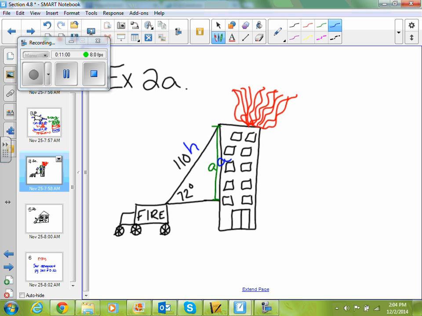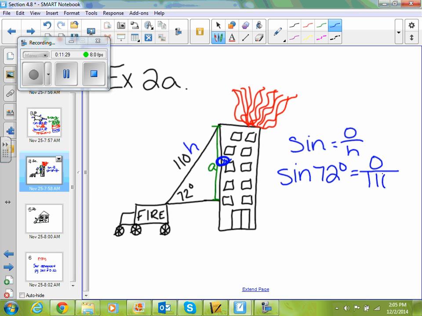What trig identity uses your opposite and your hypotenuse? Sine. So sine uses your opposite and your hypotenuse. Sine is equal to opposite over hypotenuse. So sine of my angle, which is 72 degrees, is going to be equal to my side that I don't know, my opposite, over my hypotenuse of 110.